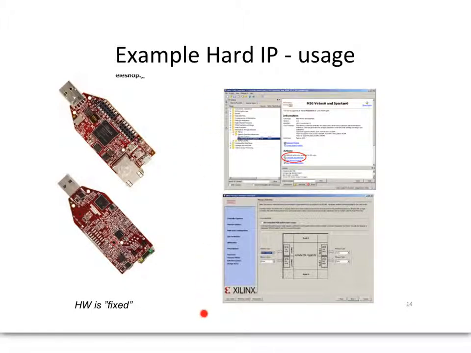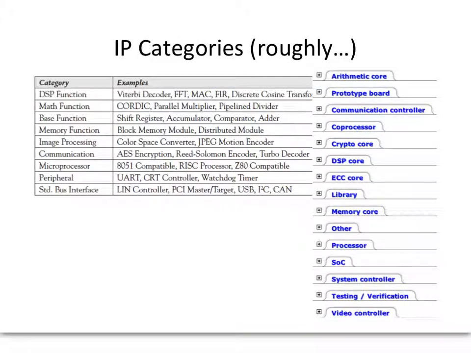Here we can use CoreGen. It has something called a MIG, a memory interface generator, that allows us to create a memory controller on the device and interface towards a standard DDR memory bank. And this is another case of hard IP usage that could be very typical in a setup like this.